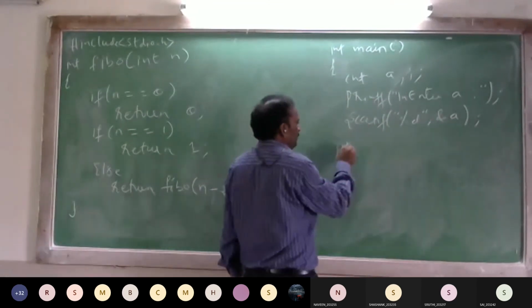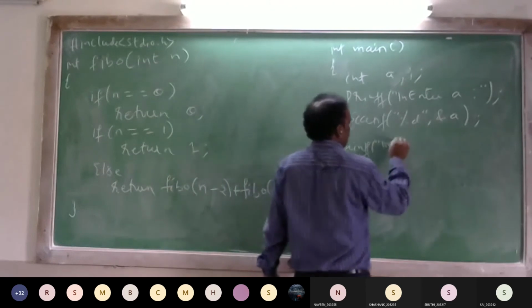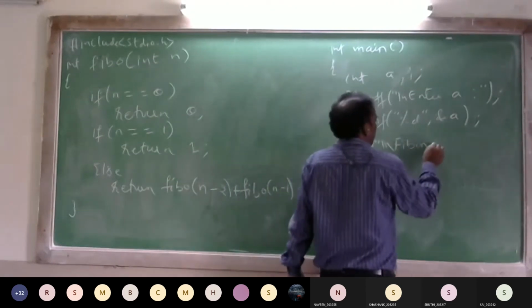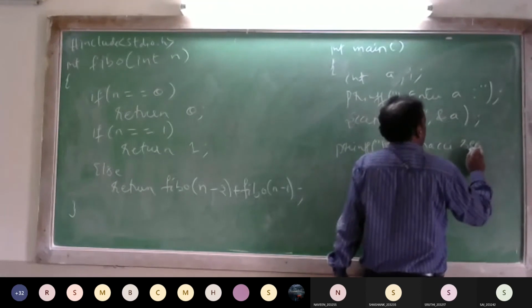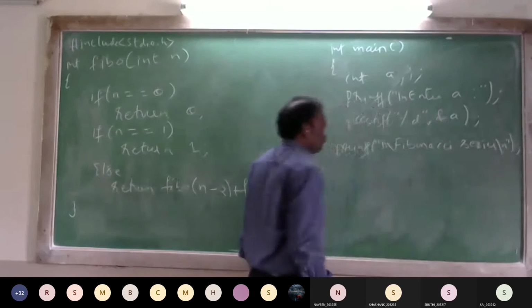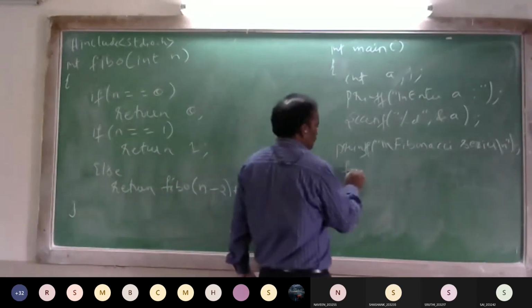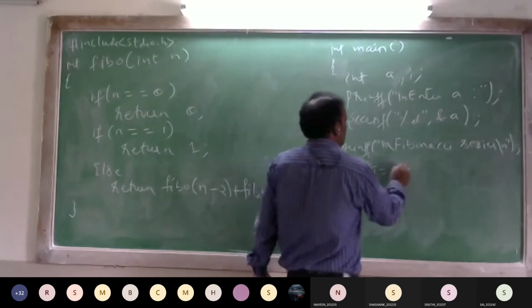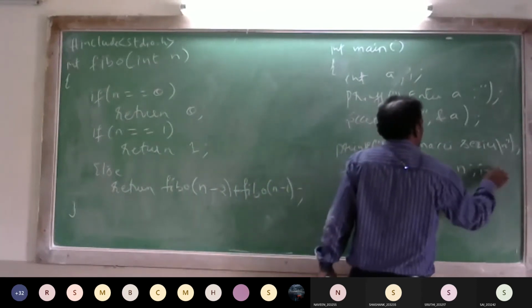Now what are you doing? You are using the Fibonacci series. So you just display the message Fibonacci series of number 5. Now I want to take all the Fibonacci series. Here I will use the formula for i is equal to 0, i less than or equal to n, i plus plus.